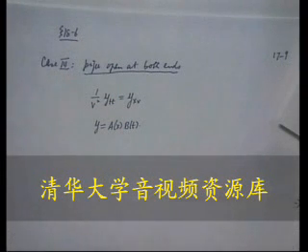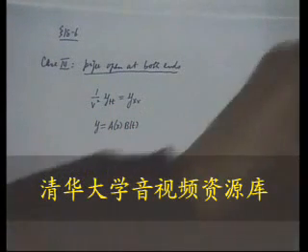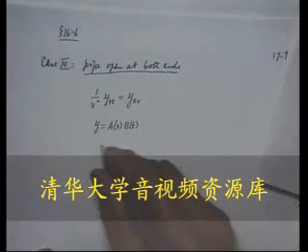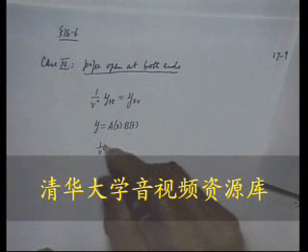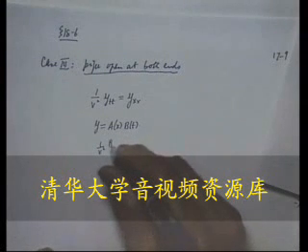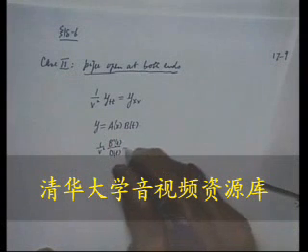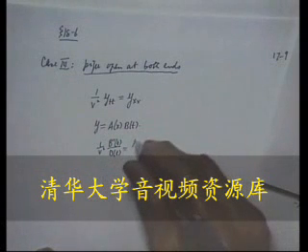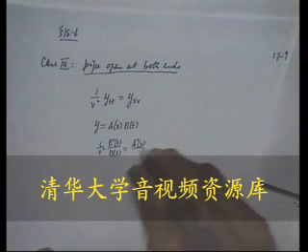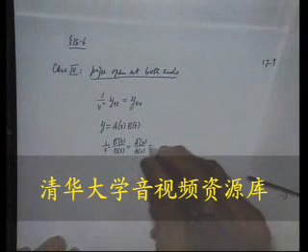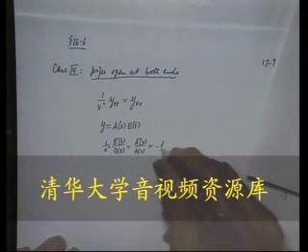We again get 1 over v squared B double-dot over B is equal to A double-prime over A is equal to minus k squared.